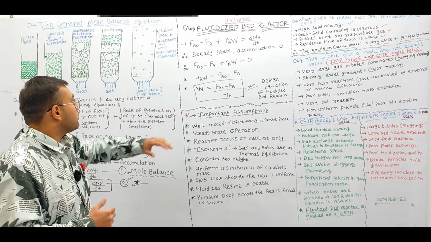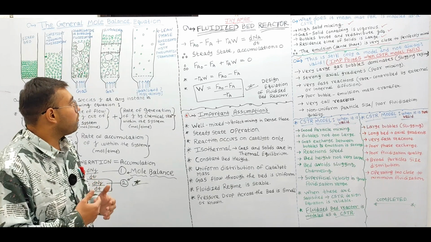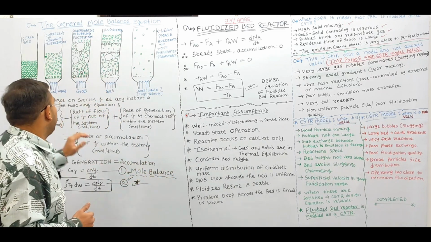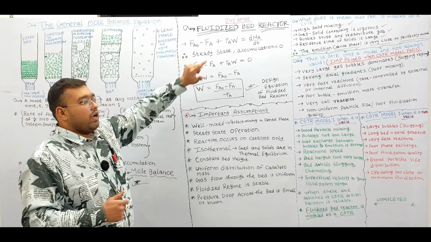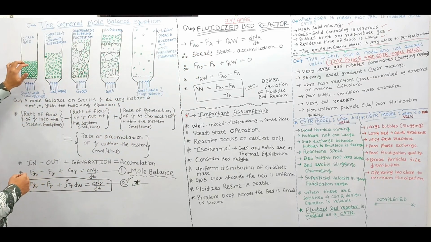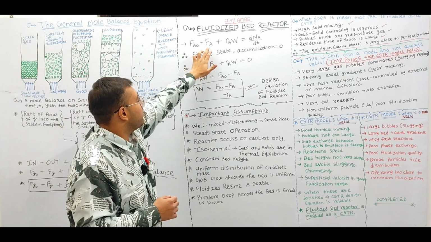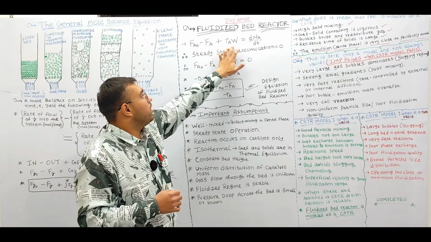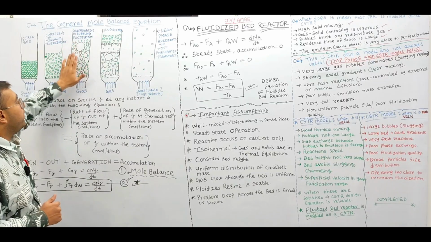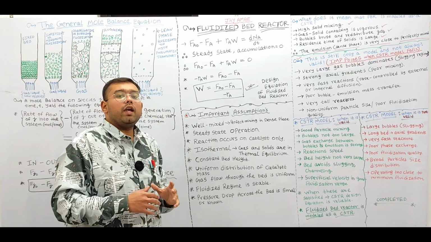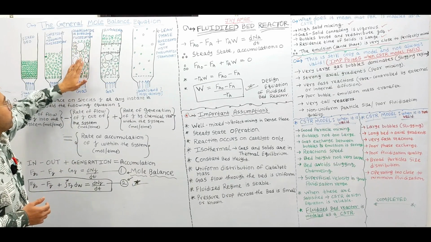Now we are deriving the design equation of the fluidized bed reactor with respect to a reactant species A. So let's say here the inlet term is written as FA0, which represents the initial molar flow rate of A entering the fluidized bed reactor, minus the outlet term FA, the final molar flow rate of A leaving from the outlet stream of the fluidized bed reactor, plus the rate of generation of any chemical species in the reaction environment, or the rate of disappearance of reactant species during the progress of the reaction.